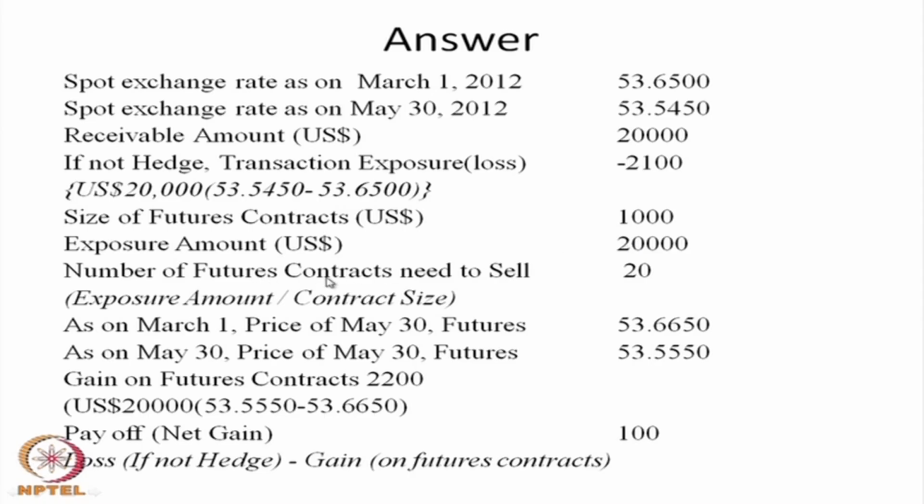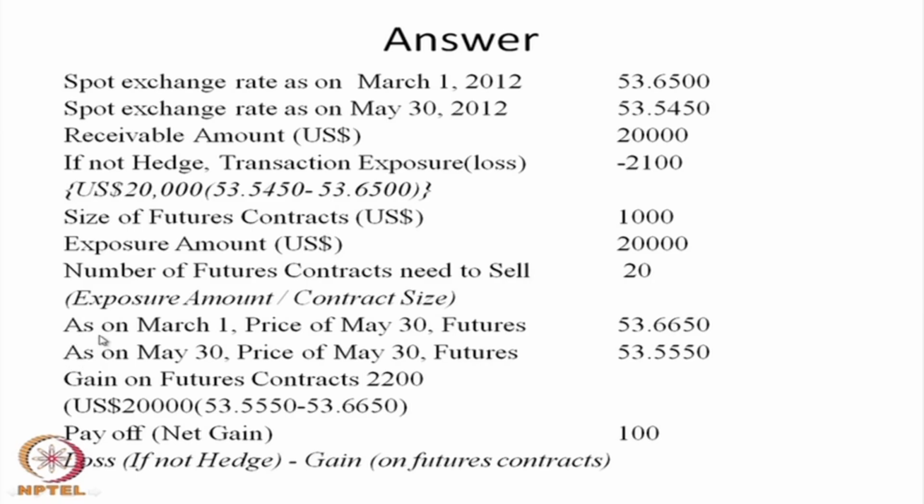Because he is receiving dollars, he needs to sell dollars in the market. Exposure amount divided by contract size gives the number of contracts: 20,000 divided by 1,000, so 20 contracts need to be sold. You have to purchase a sale contract.